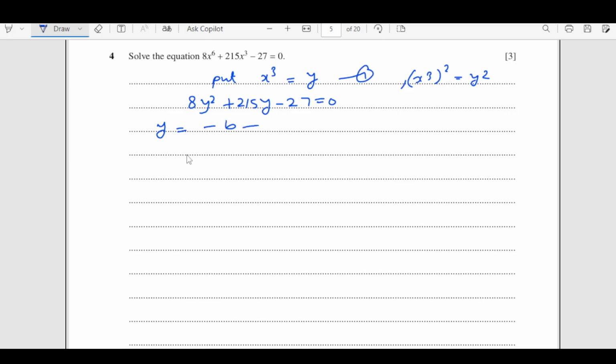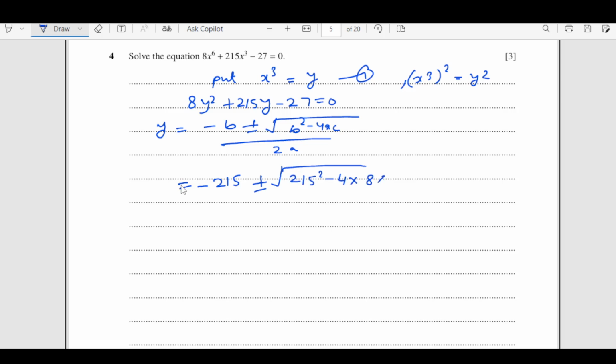y is equal to minus b plus or minus the square root of b squared minus 4ac, over 2a. Now this is going to be negative 215 plus or minus the square root of 215 squared minus 4 times 8 times negative 27, over 2a, where a is 8.